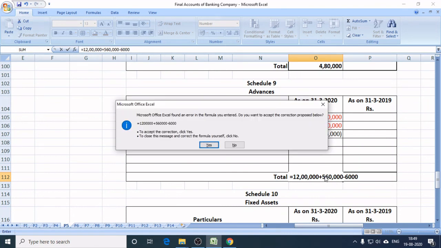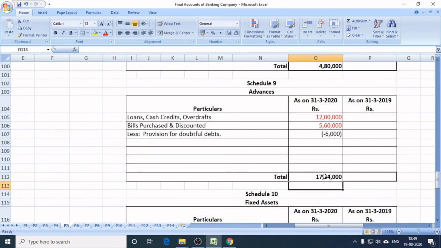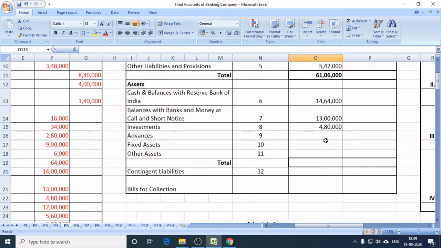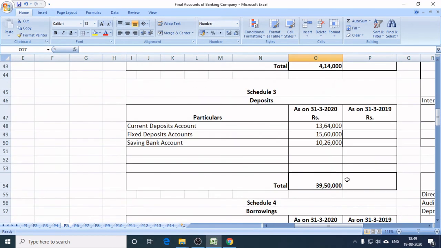So net advances are 17 lakh 54,000. See, 12 plus 5, 17 lakh. From 17 lakh 60,000 deduct 6,000, so 17 lakh 54,000. So here 17 lakh 54,000 is the value of net advances after deducting the provision made for bad and doubtful debts.